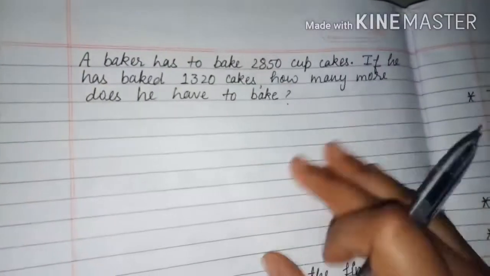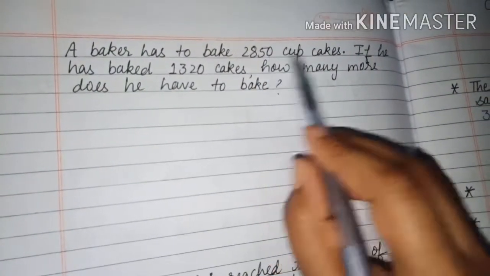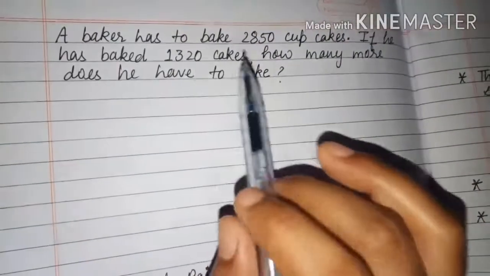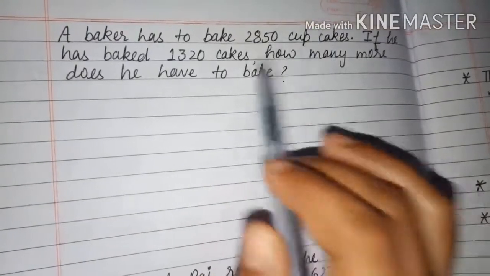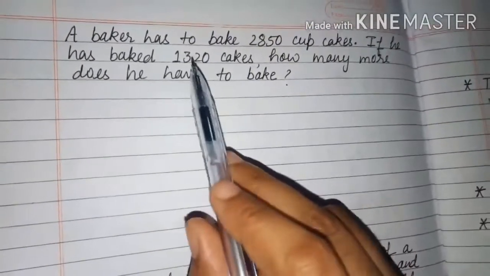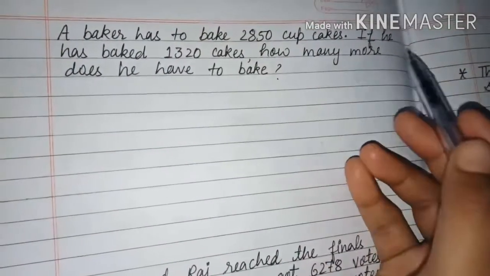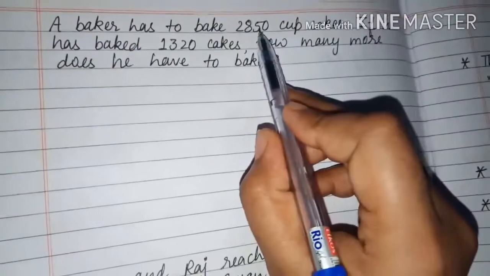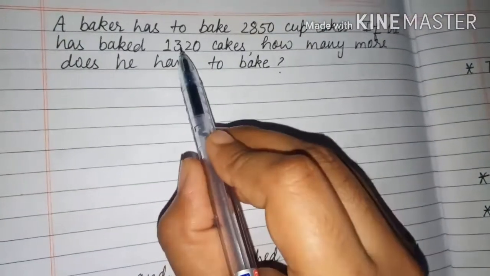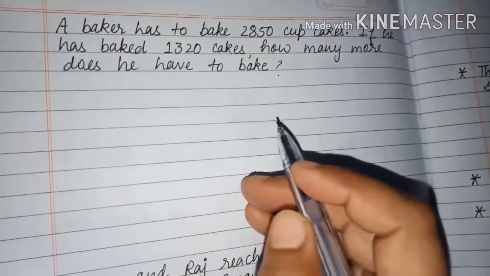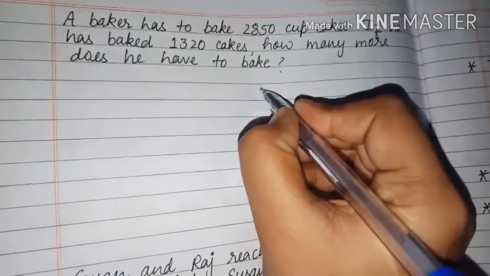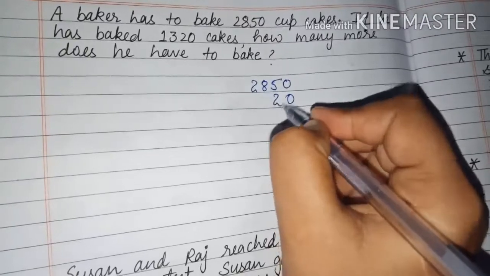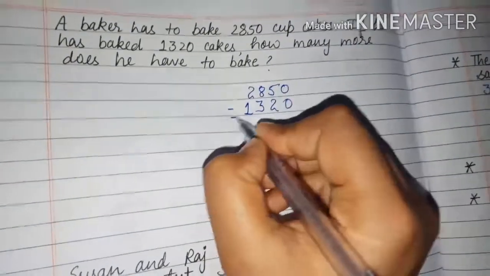So a baker is baking 2850 cupcakes. If he has already baked 1320 cakes, how many more does he have to bake? उसको और कितने केक्स बेक करने हैं? If he had to bake this many in total and has baked this many, then how many are left? So what you have to do is subtract. We subtract the smaller number from the greater number. We write the smaller number below and we always write it from the end.